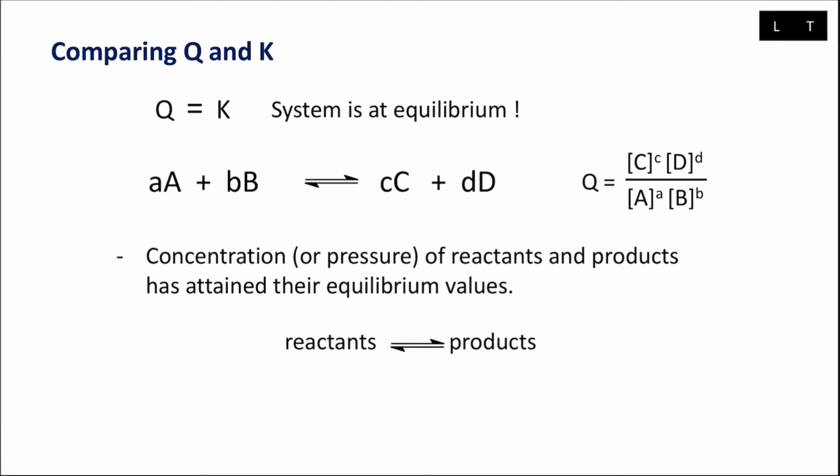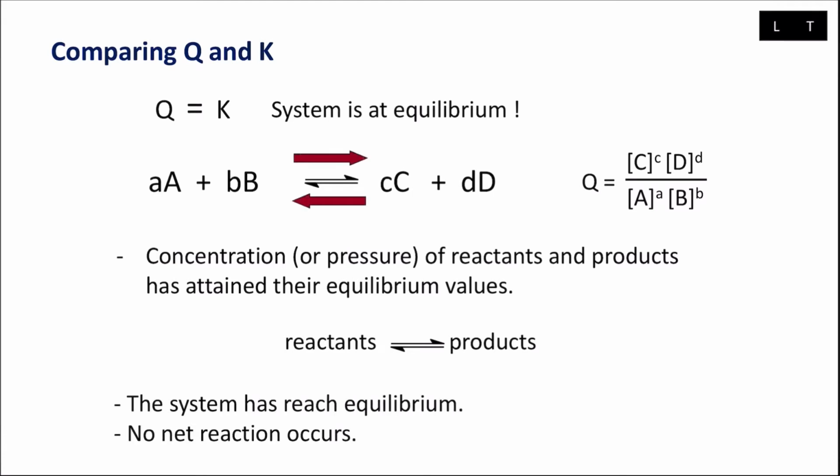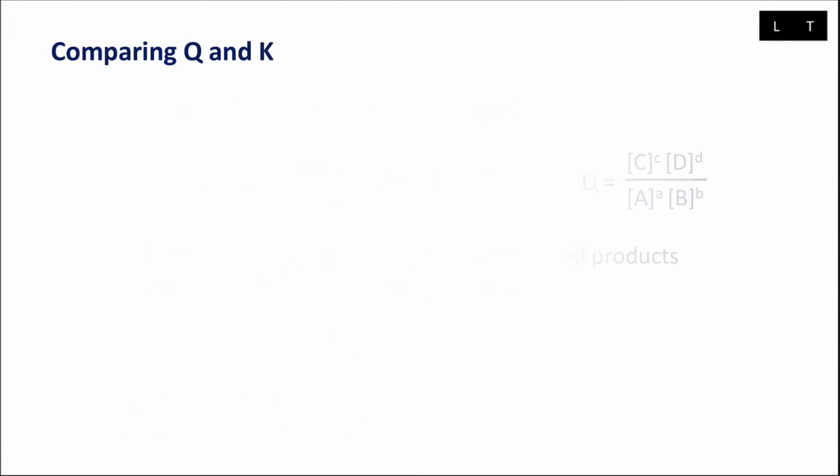When it reaches equilibrium, there will be no net reaction, because both sides are progressing towards one another so that they can attain the equilibrium. So this is the second case.